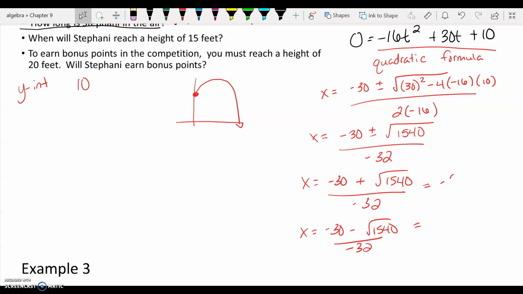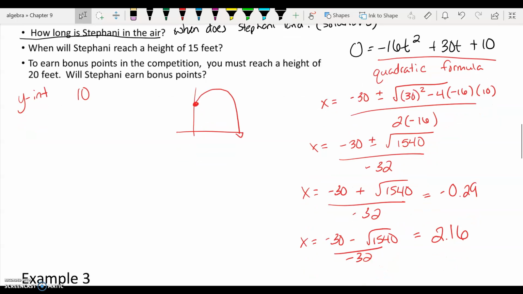So one gives you a negative answer, one gives you a positive answer. If you think about time, because that's what you're solving for here, I'm probably going to want the one that's positive, so positive time.